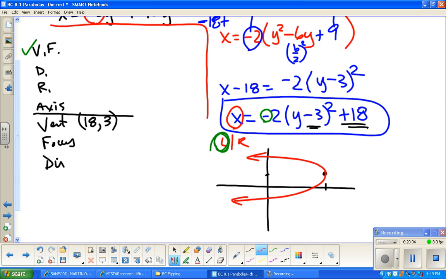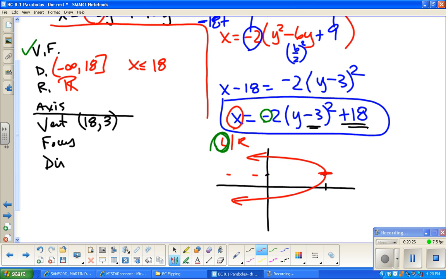Okay, and so domain, well, it's to the left of 18, so you could say from negative infinity to 18 if you prefer, or if you want to say x less than or equal to 18, I'm good with that. The range will be all real numbers because it goes all the way up and all the way down. Axis of symmetry has to do with this y value here.